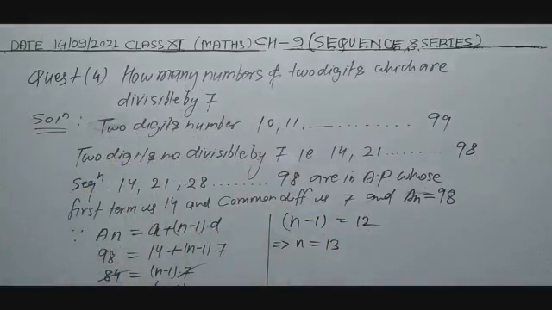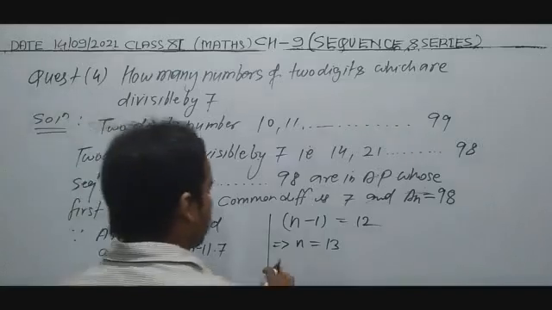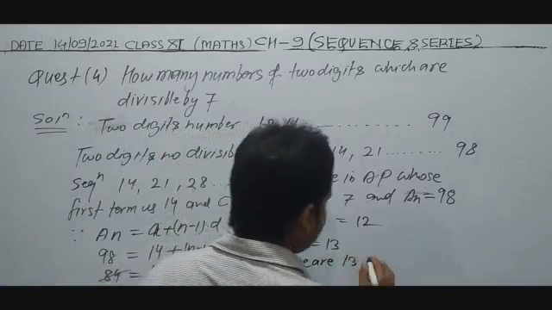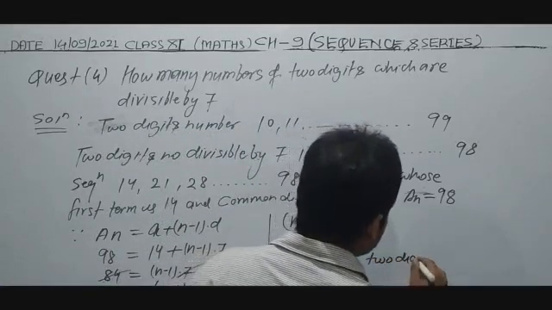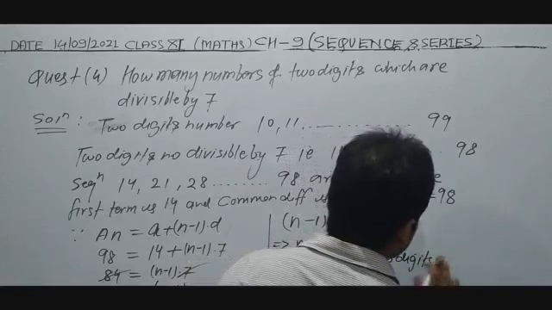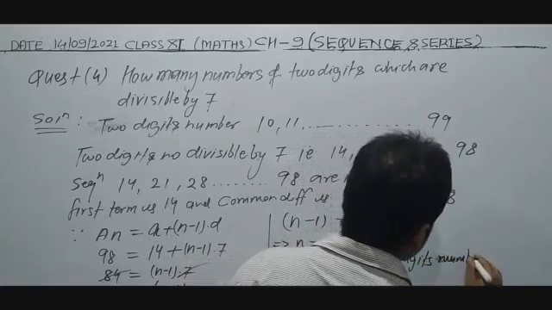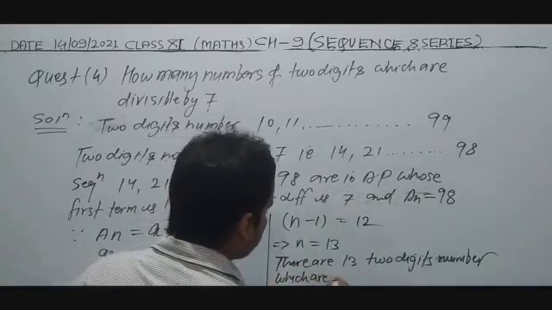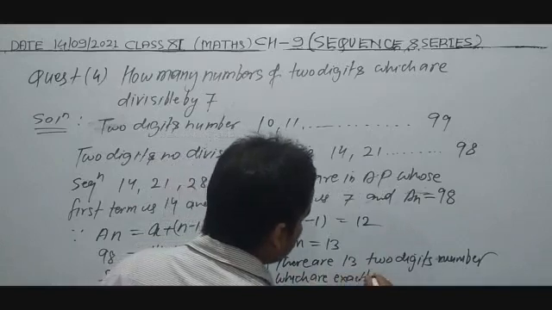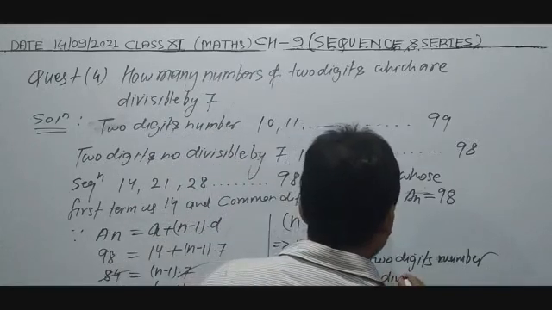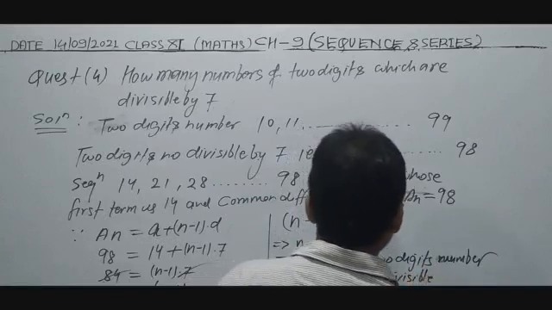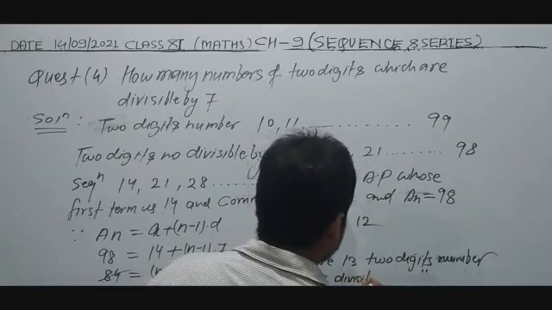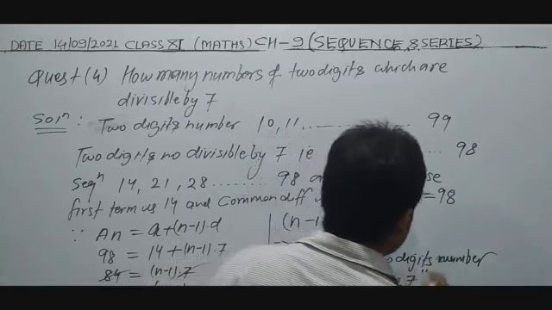So there are 13 two digit numbers which are exactly divisible by 7.